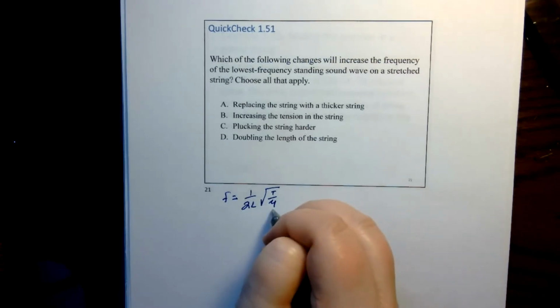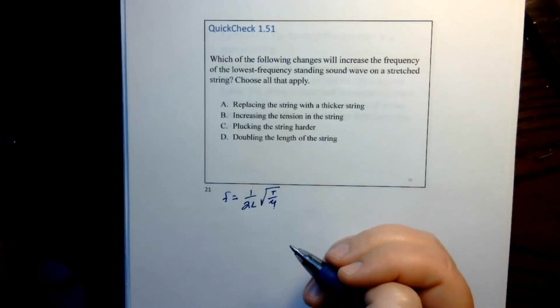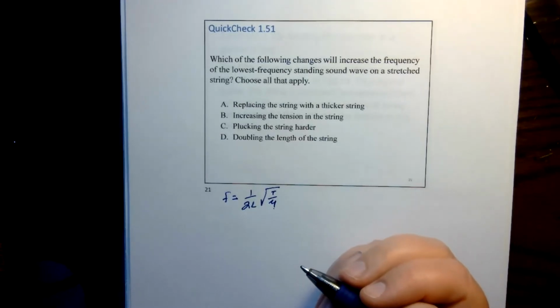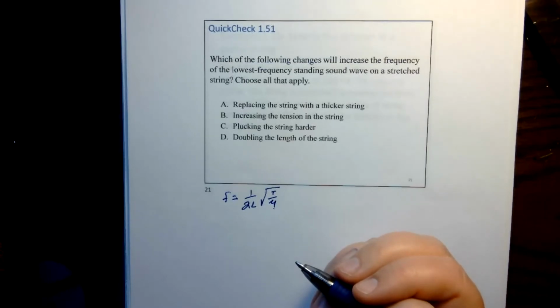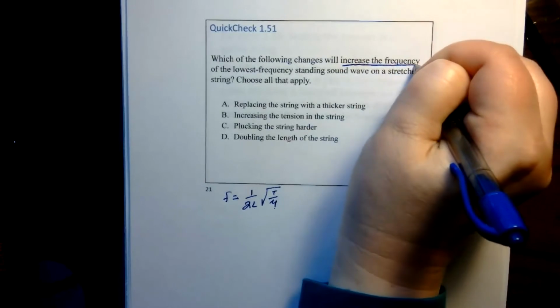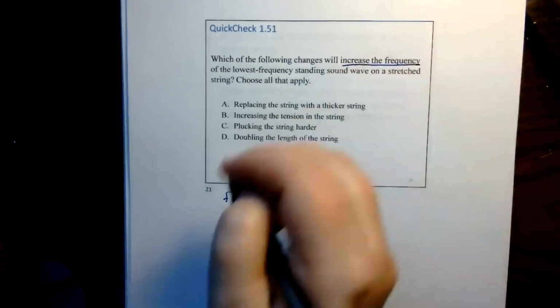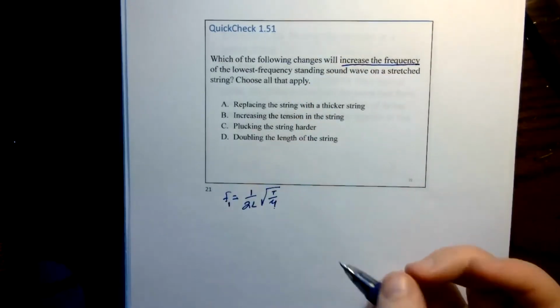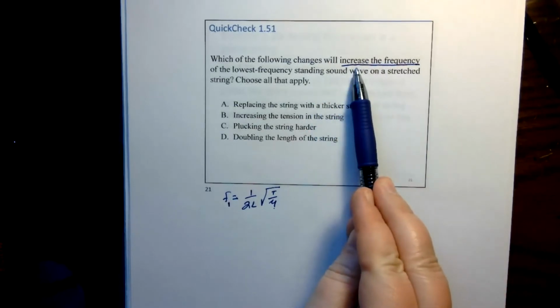You said we're changing mu, the linear density of the string. You are correct. What are we trying to find in this one? We want to increase the lowest frequency, so we're trying to find a way to make F1 larger.